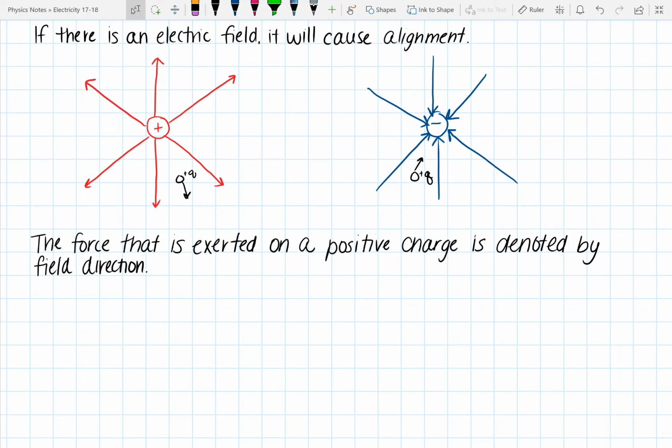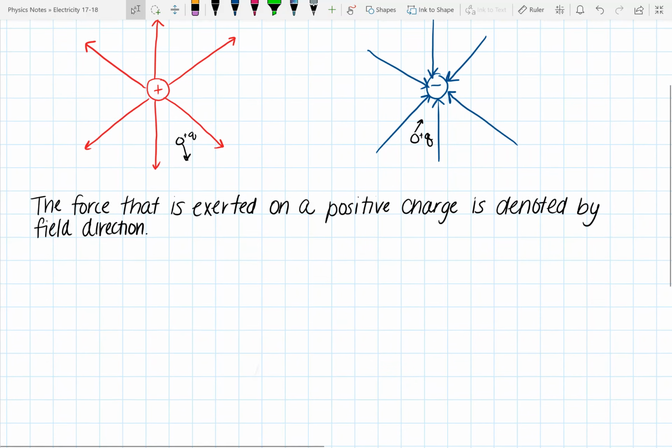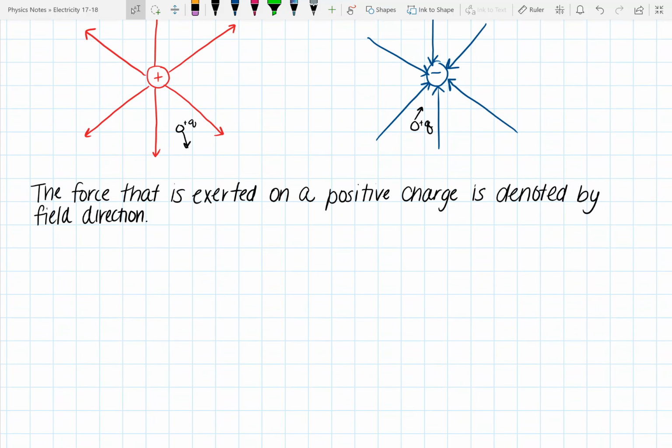So, we can calculate the electric field.